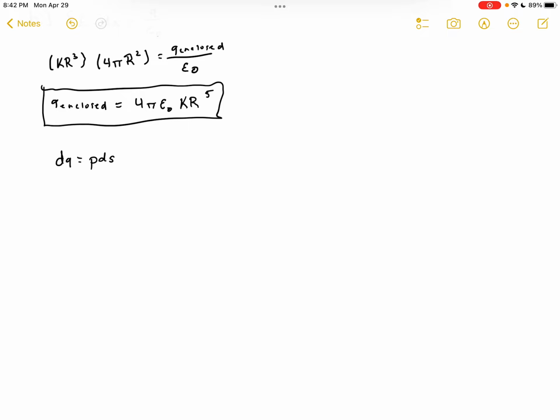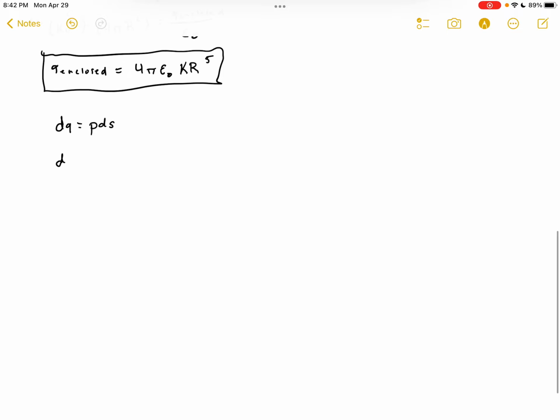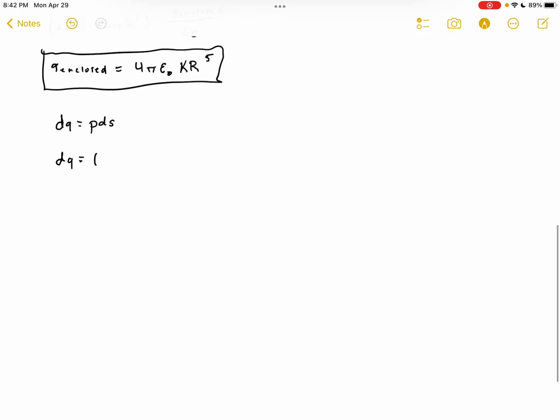So you want to plug in our values. So we get 5 epsilon naught k r squared, which is our rho, and then the surface area dr.